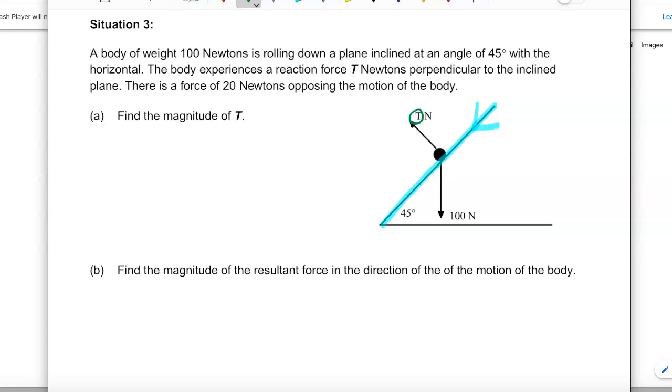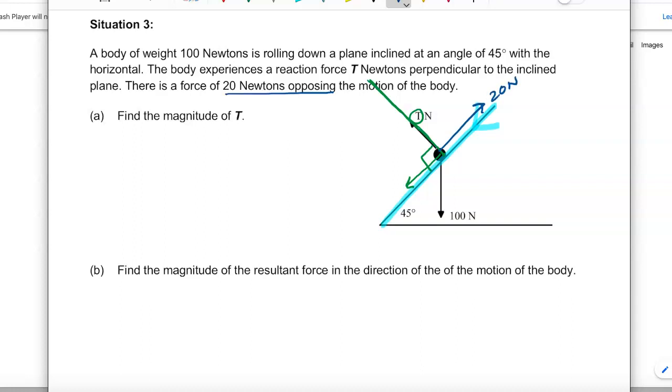This is perpendicular to the inclined plane, and what we've got therefore is this reaction force heading up in this direction, and we've got the ball rolling down as a result. But we have a 20 Newton opposing force, opposing the motion of that object.